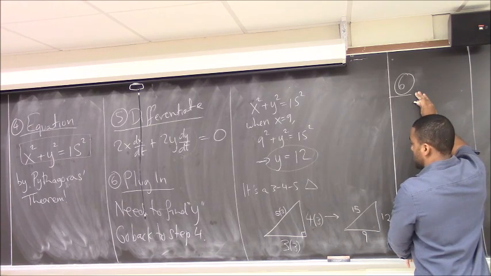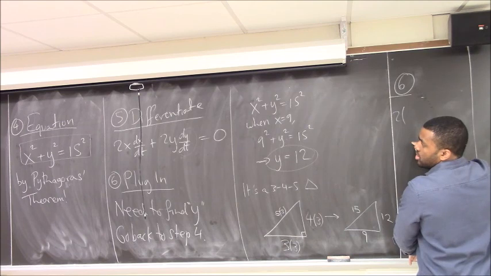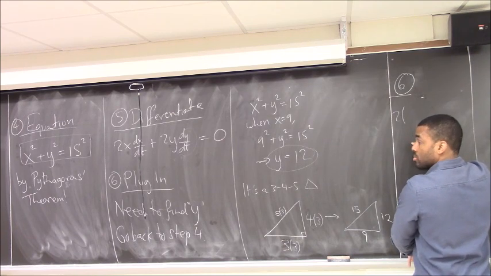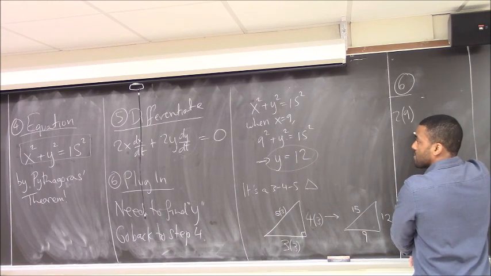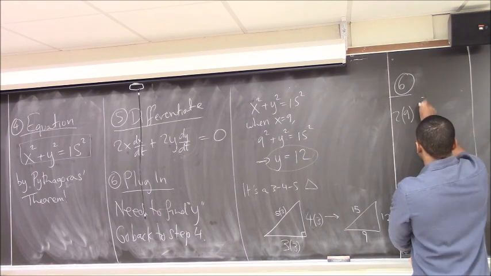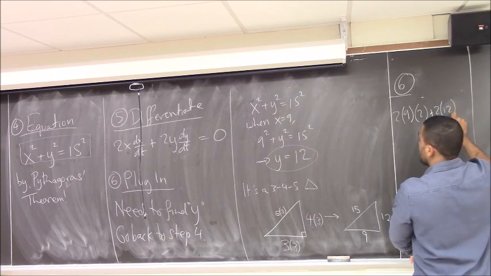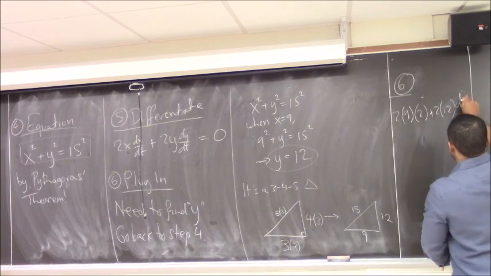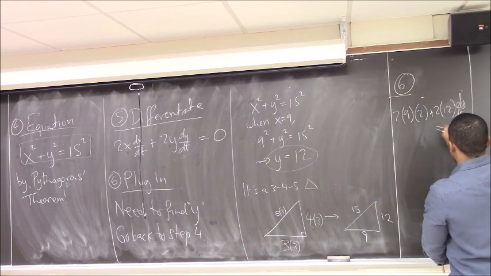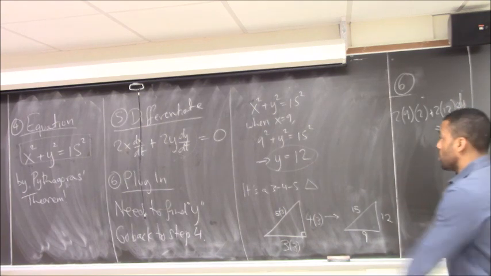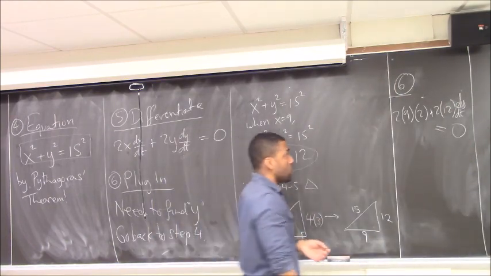So what do we have here? Our x is, I erased it, 9. What is dx dt? dx dt is 2, plus 2 times y, which I now know is 12, times, we don't know what dy dt is, times dy dt, equals 0. Well, dy dt is what we want to find, so it's okay that it's the only unknown, but it should be the only unknown.